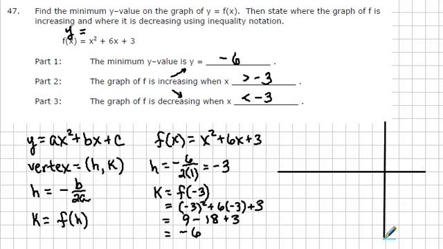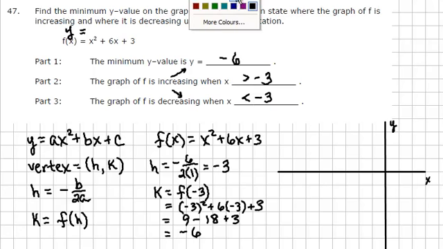And our y-axis. First point we'll plot is the vertex. The vertex occurs when x is negative 3 and y is negative 6. So we locate negative 3, negative 6.